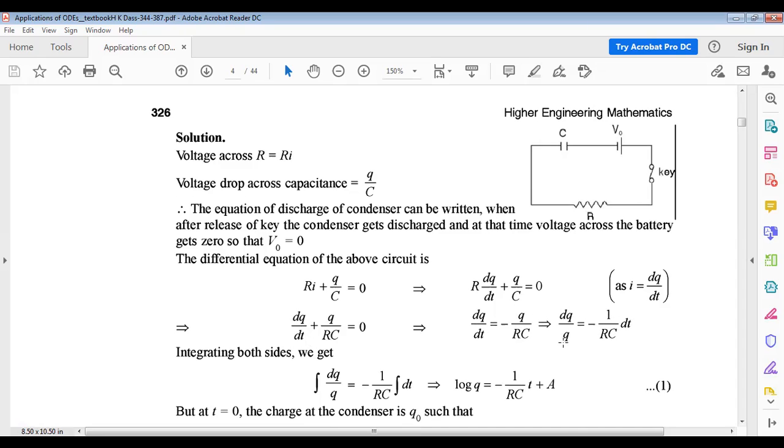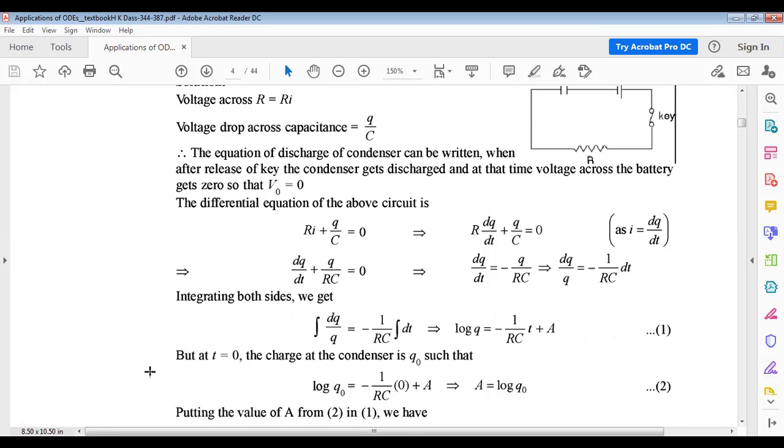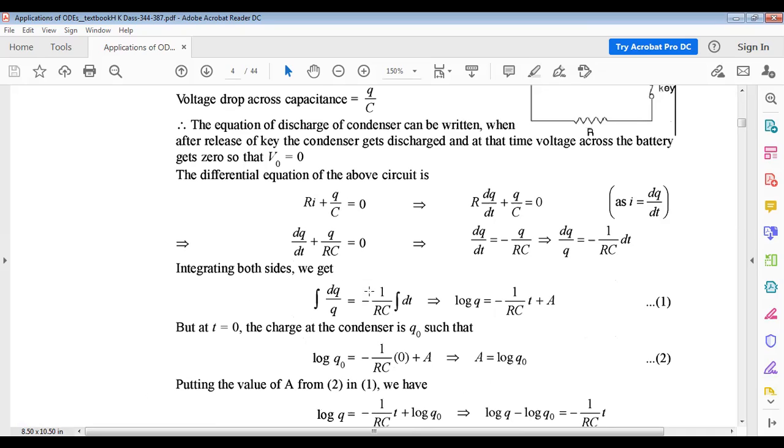So here we have to integrate with respect to q, and in the right hand side we will integrate with respect to time. So after integrating on both sides, we get, by the 1 by x formula, log q with respect to q, and here only time t plus a, this is the integral constant. But at time t equals to 0, the charge at the condenser is q naught.